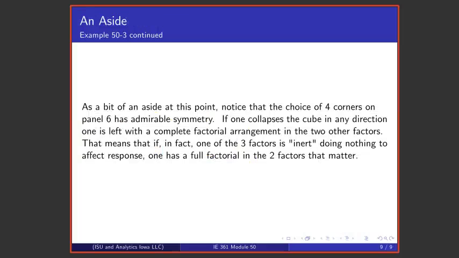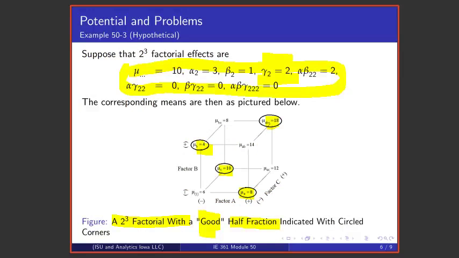The last thing to note in this first module is that the 4 corners that are indicated on this picture here are really a very nice symmetric 4 corners. If I collapse that cube front to back, top to bottom, or left to right, I would have a full factorial.